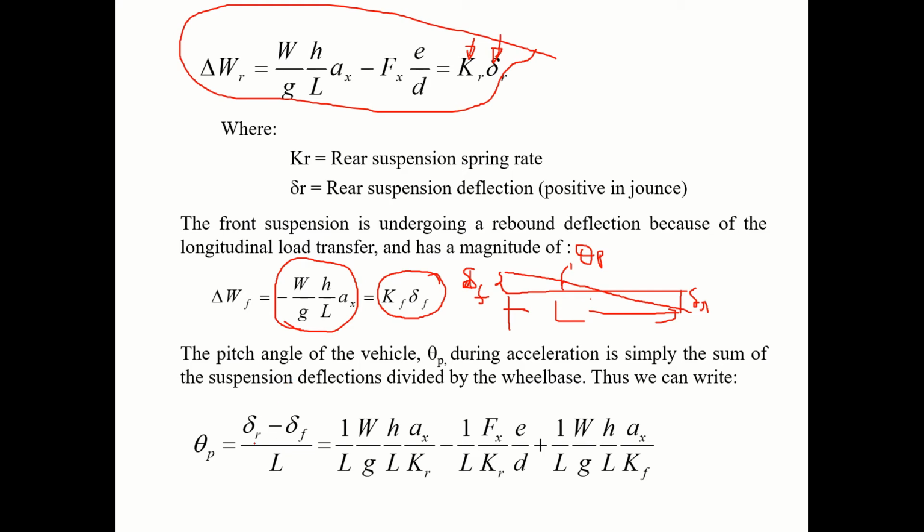So we can say now delta R minus delta F. If you want, we can draw like this. So now delta R minus delta F by L will be the angle.